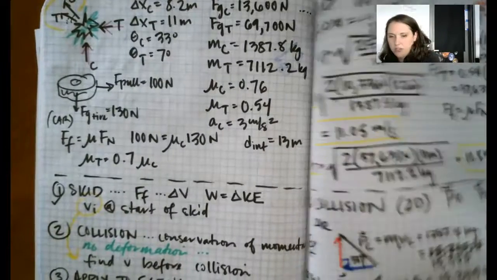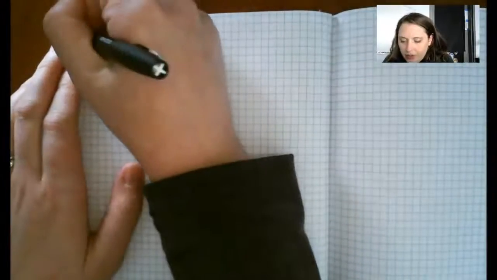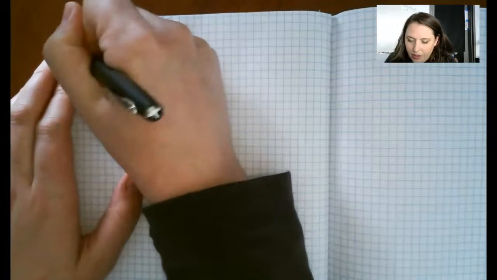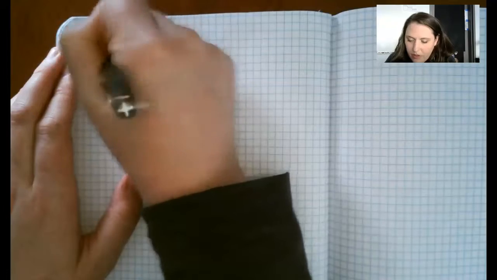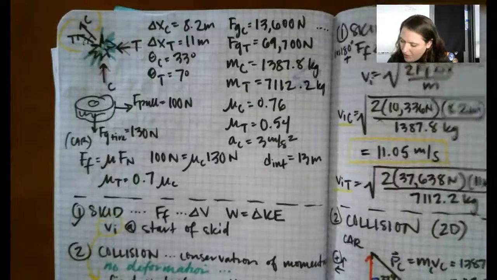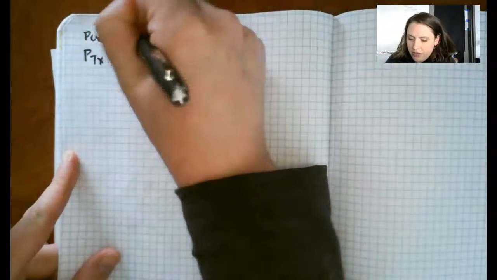So we're going to go ahead and take a look at that. I'm actually going to skip a page so that I don't get too much ink bleeding through my pages here. So I'm going to write what those values are up here real quick, just so that I have them to work with on the next page. The x component for the car is 12,861.